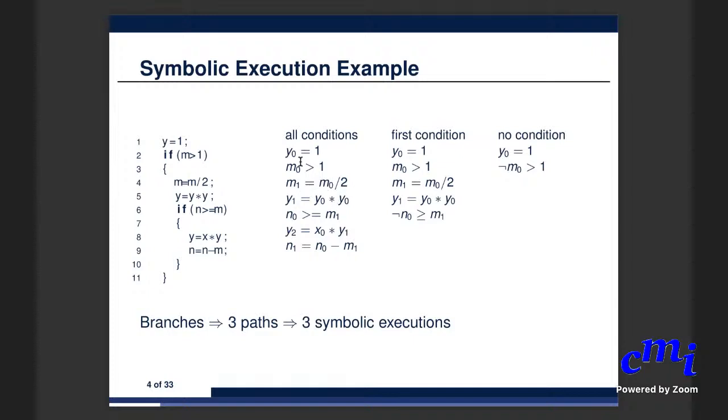After this, M1 could be taking many different values, because M could be taking so many different values. Contrast this with execution, where you track specific values as opposed to a set of values.